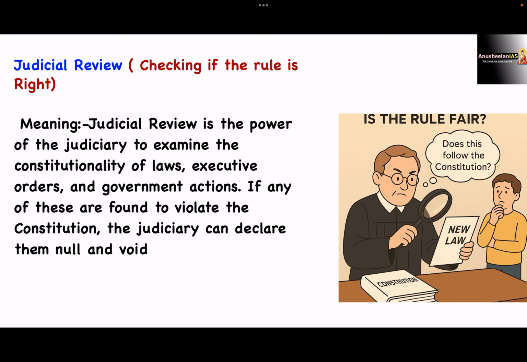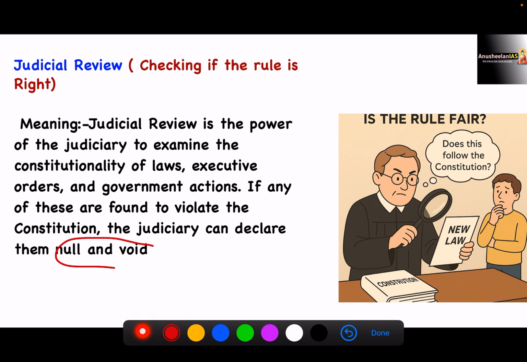Judicial review means it is the power of the judiciary to examine the constitutionality of laws, executive orders and government actions. If any of these are found to be violating the constitution, then the judiciary can declare them null and void.